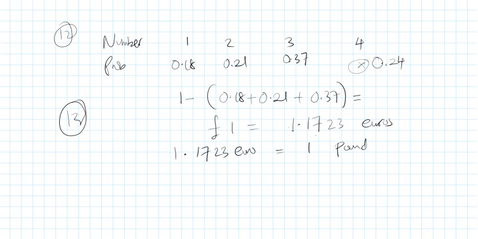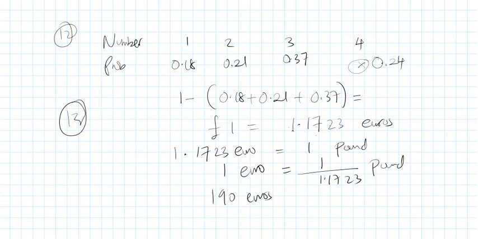For these kinds of questions, we always try to work out what it is for 1, because from 1 you can easily get any number. If 1.17 euros is 1 pound, what is 1 euro? 1 euro will be 1 divided by 1.17. Do you agree? Yes, sir. Good. Now we need to work out for 190 euros.